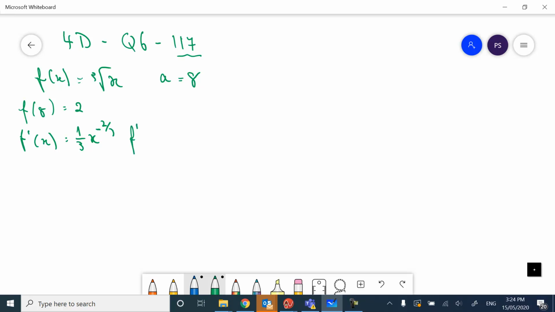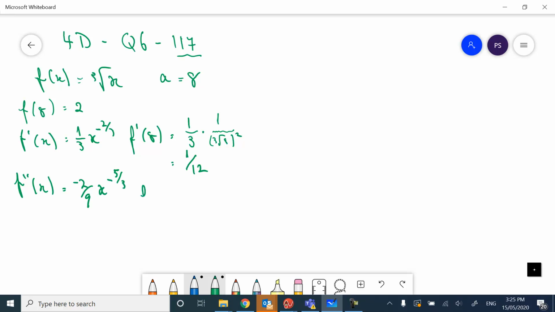And then f dash 8 will be 1/3 multiplied by 1 divided by the cube root of 8, all squared. That's 2 squared, 4, so that'll be 1 on 12. Next one is f double dash x will be equal to minus 2 on 9, x to the minus 5 on 3.